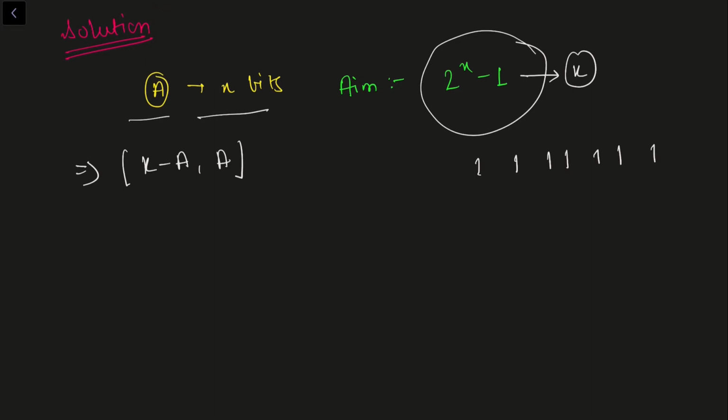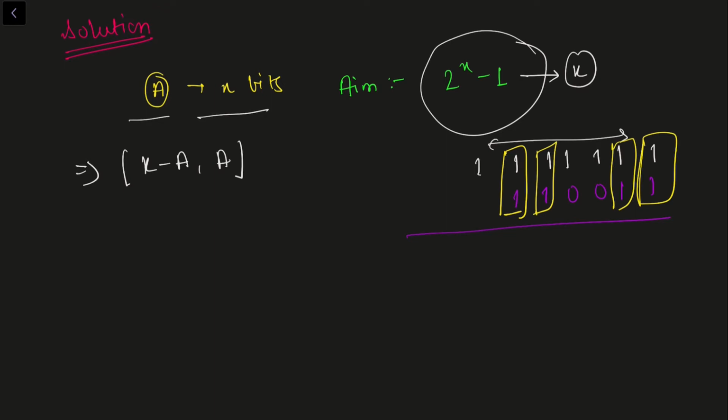something like this. Okay, we have some structure which has all the bits as 1, and if I subtract a from it, and let's say we have something like this, then one thing that we can notice here is, wherever we have 1 in our a, I'll get a 0 there, right? So this one is k and this one is a, and if I tend to subtract them, if I try to calculate this value here, so wherever I have 1 in a, I'll have 0 in my answer.